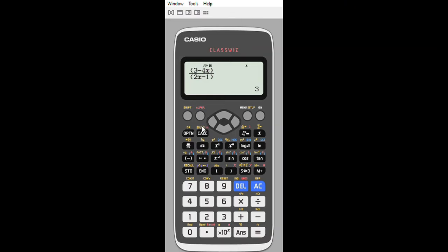Move on to our third test value. Press the calc button again, and then enter 1. Then press the equal button twice. We get -1, so just take negative and write it on our third region, the last region.